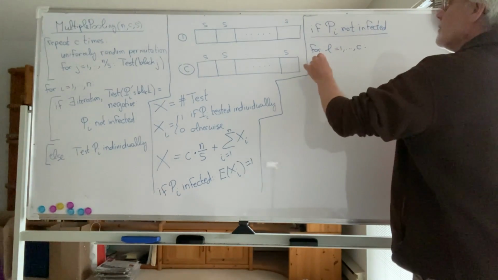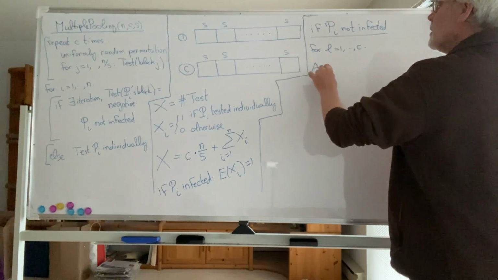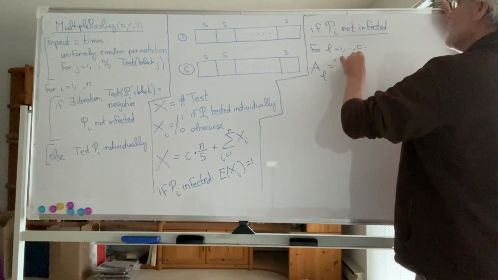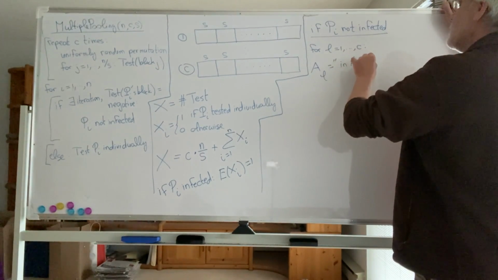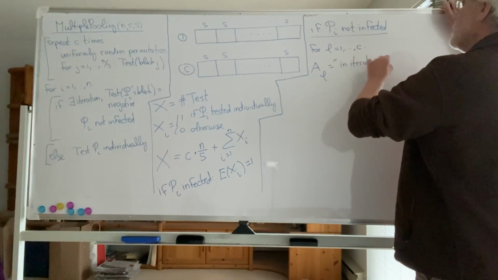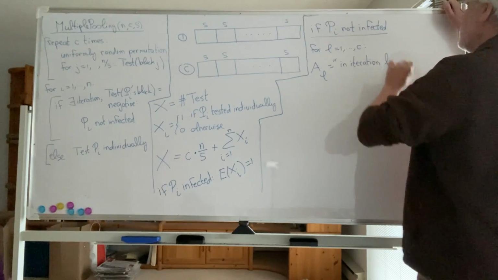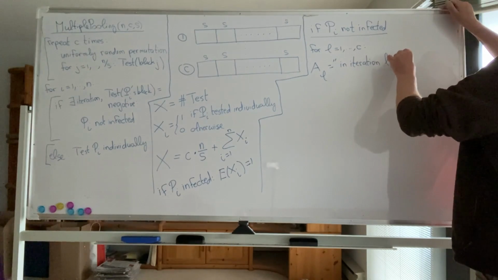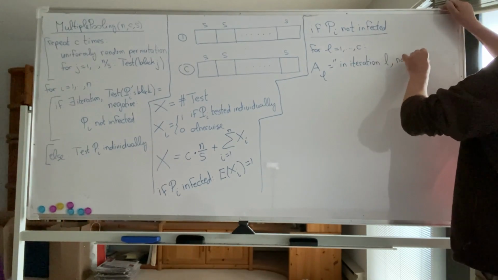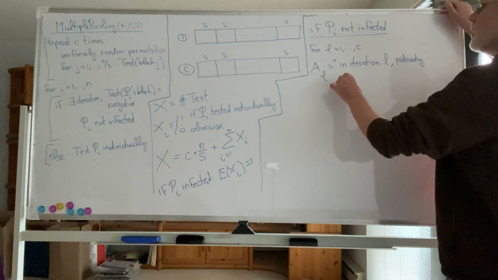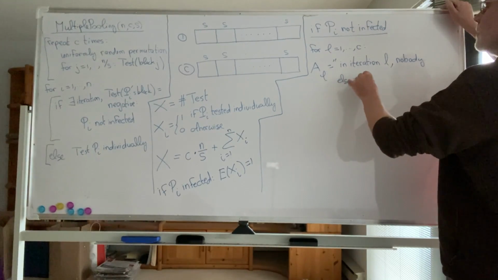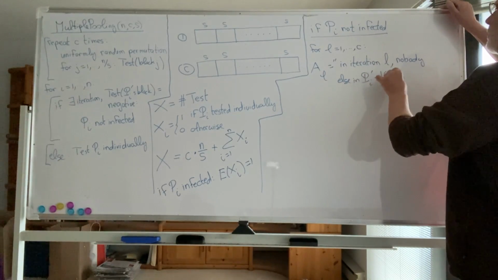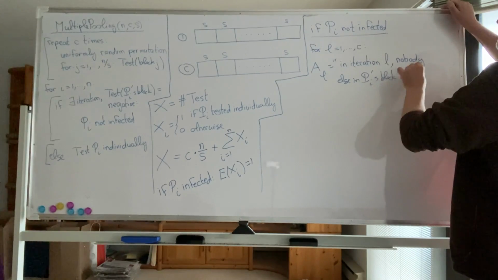For l from 1 to c, A sub l is the event that in iteration l nobody else in Pi's block is infected.